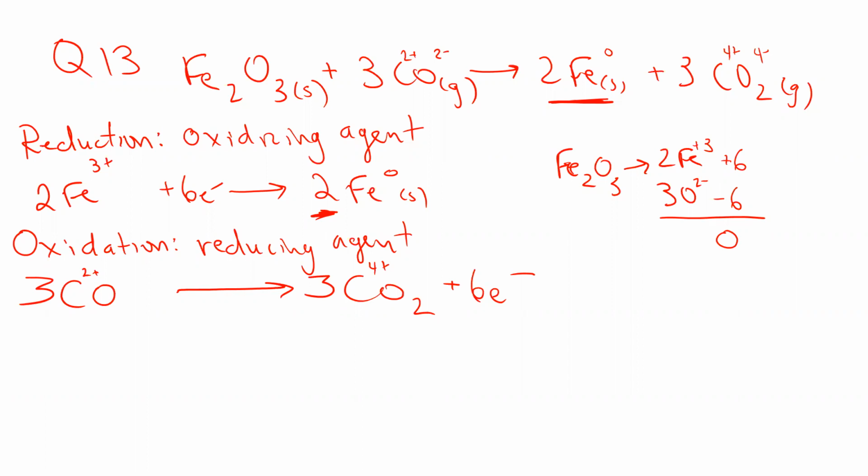All molecules need to be 0, and that's how we figure out carbon dioxide. I've got 2 oxygens, oxygen is always -2, so that's a total charge of -4. The whole thing needs to be neutral, so carbon needs to be 4+ to balance that out. So even though it's not aqueous, we can still assign charges to figure out what's being oxidized or reduced.